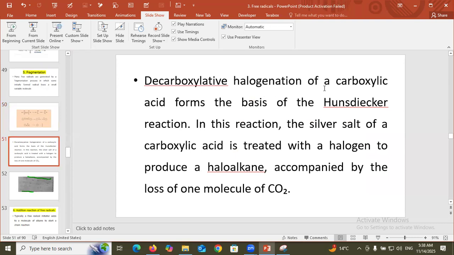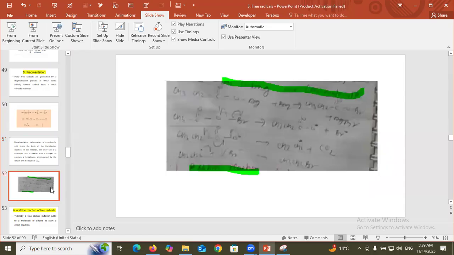Decarboxylative halogenation of carboxylic acid forms the basis of the Hunsdiecker reaction. In this reaction, the silver salt of the carboxylic acid is treated with halogen to produce a haloalkane, accompanied by the loss of a molecule of carbon dioxide.